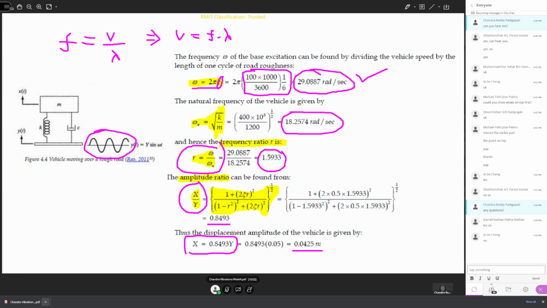In this case, the displacement amplitude ratio is 0.8493. Guys, any questions or anything not clear, let me know.